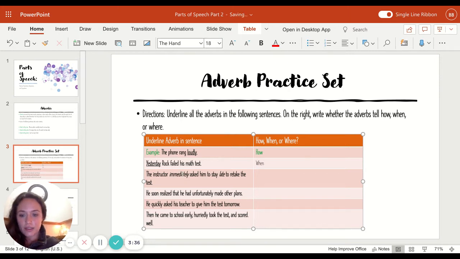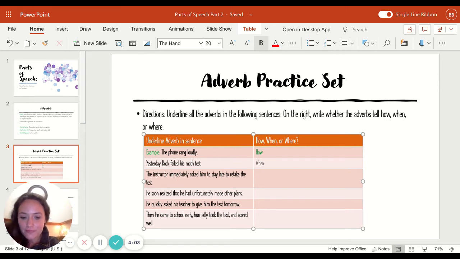Oops. I did one more. So the instructor immediately asked him to stay late to retake the test. So the instructor is our subject, or our noun is instructor. The instructor did what? The instructor asked. So asked is our verb. When did he ask? Or she?